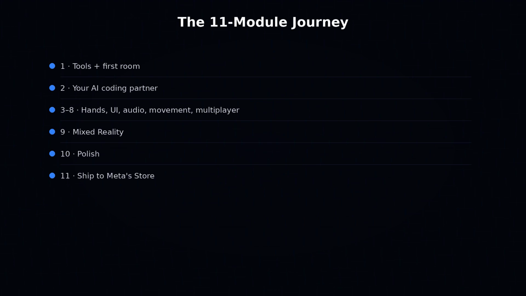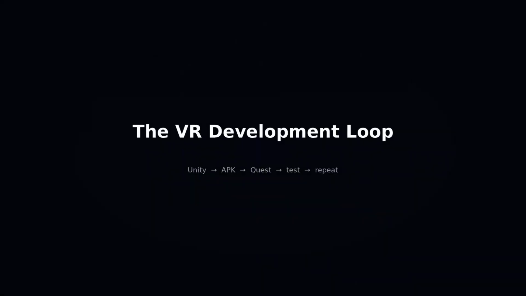Mixed reality. Your objects placed in your real room through Quest pass-through. Module 10, we polish for performance. And Module 11, we submit to Meta's store. Almost nobody teaches that last step. We will.